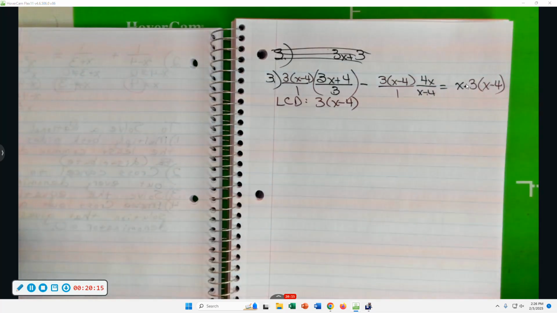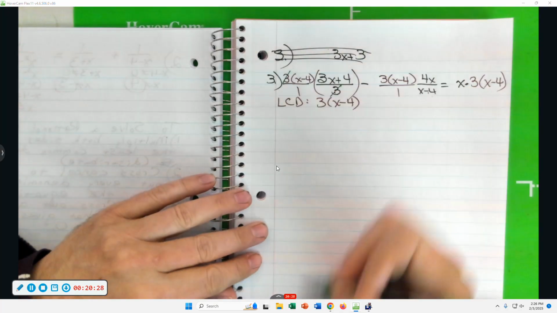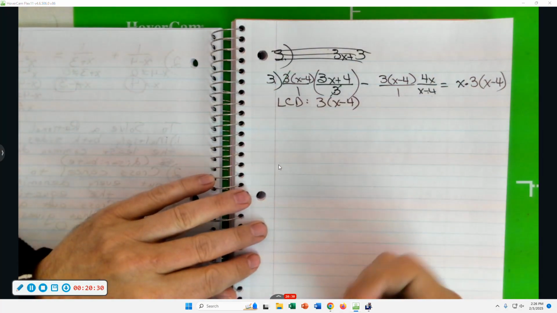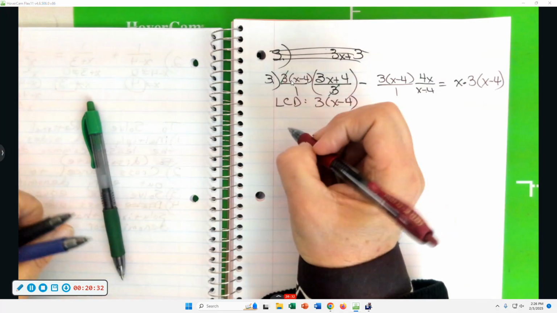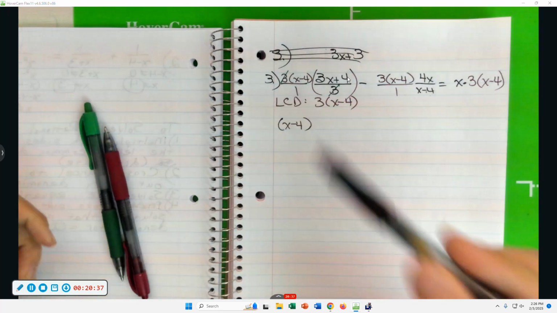Some people might want to put that 3 in front of the x. And that's fine. Now you start canceling. And hopefully you won't have any fractions remaining. 3 divided by 3. So we can cancel the 3. We have x minus 4 times 3x plus 4.